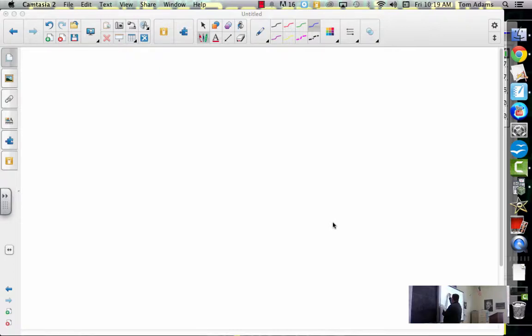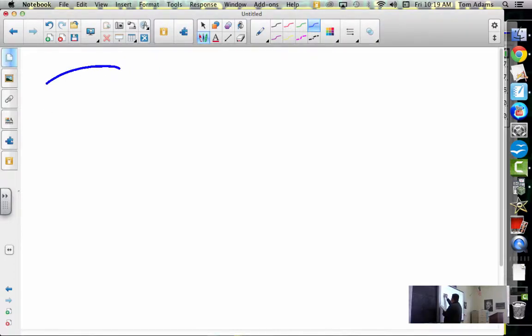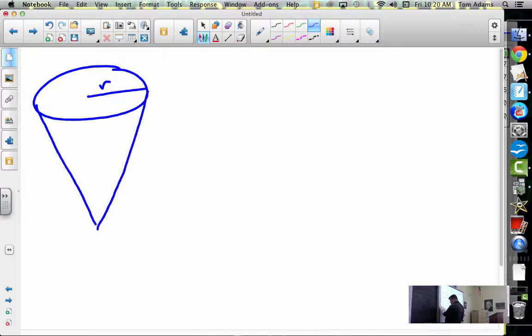So we have a conical tank like this, and it's standing like this, and we want to measure something.